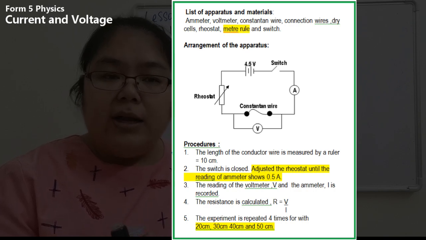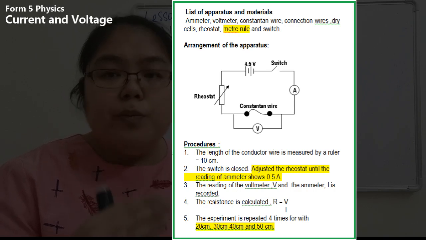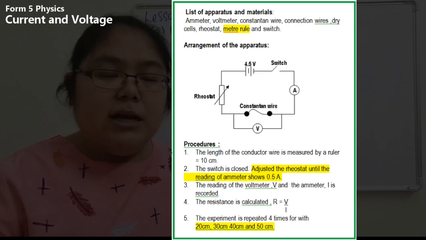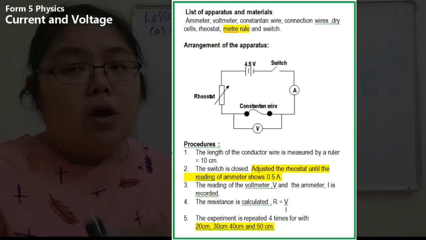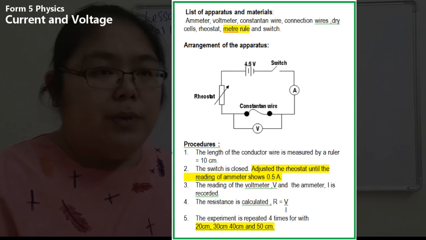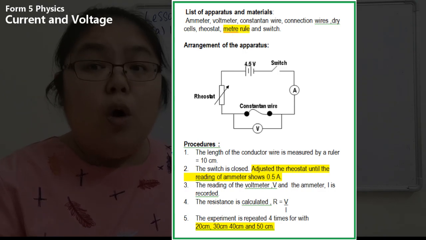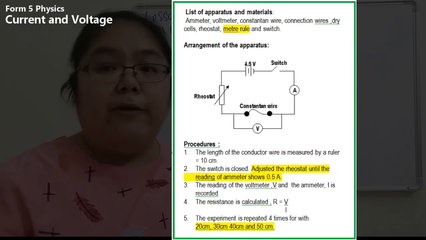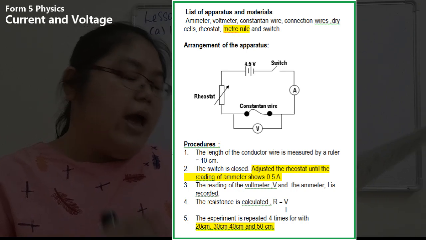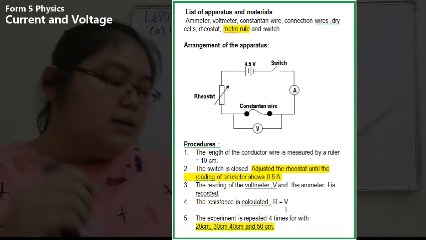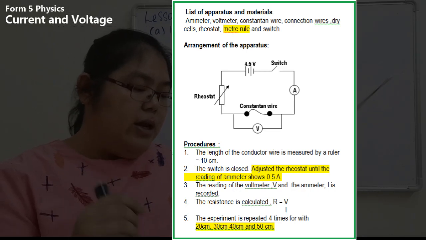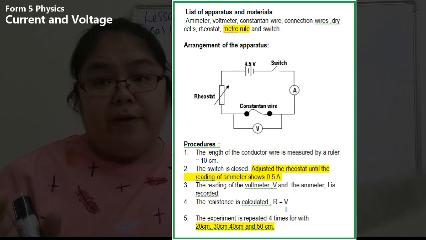After that you find the voltmeter has changes, the voltmeter surely has changes. So I adjust the current; it is not a constant variable and also not a manipulated variable, they just want to prevent the ammeter reading from overloading, then the ammeter cannot function. So you need to put this sentence: adjust the rheostat until the reading of the ammeter shows 0.5 ampere.